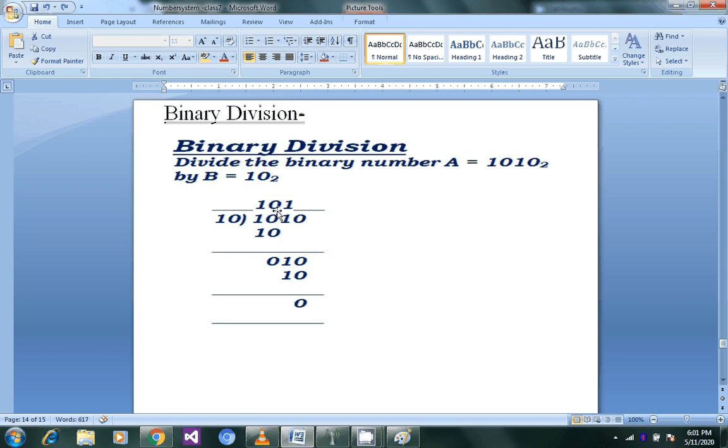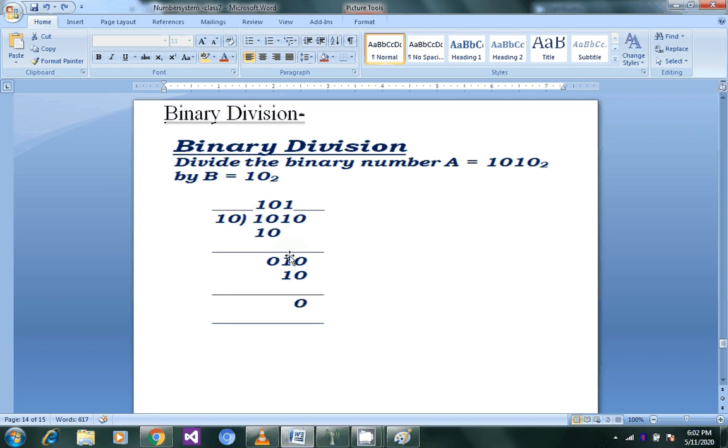So you write here 0 and write this 0 also, then 10 into 1 gives the result 10, and when you subtract these numbers it gives the result 0. So 1010 on dividing by 10 gives the result 101.